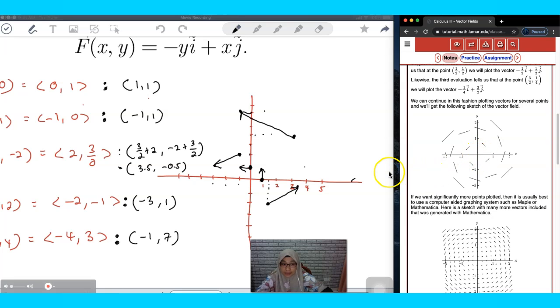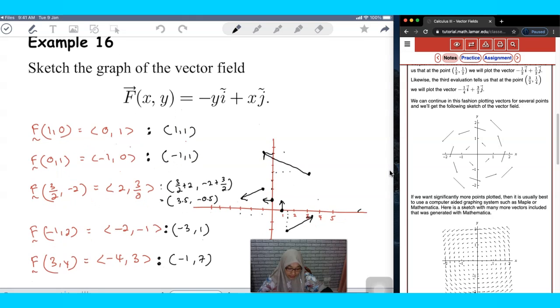So this is an example of the vector field for this one. Okay, so here now it's something different from graph sketching. This has nothing to do with a graph. So we just plot the output vector based on the input point, the input values of x and y, and then we just plot very many arrows. So that is called a vector field.